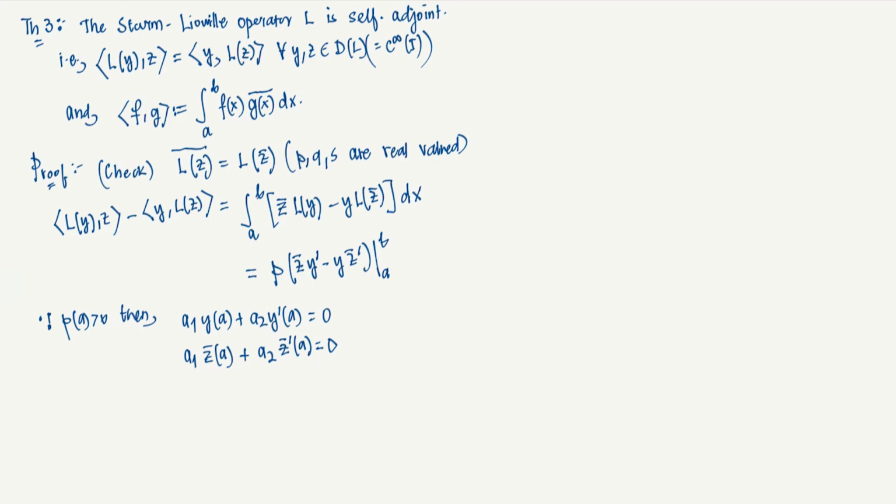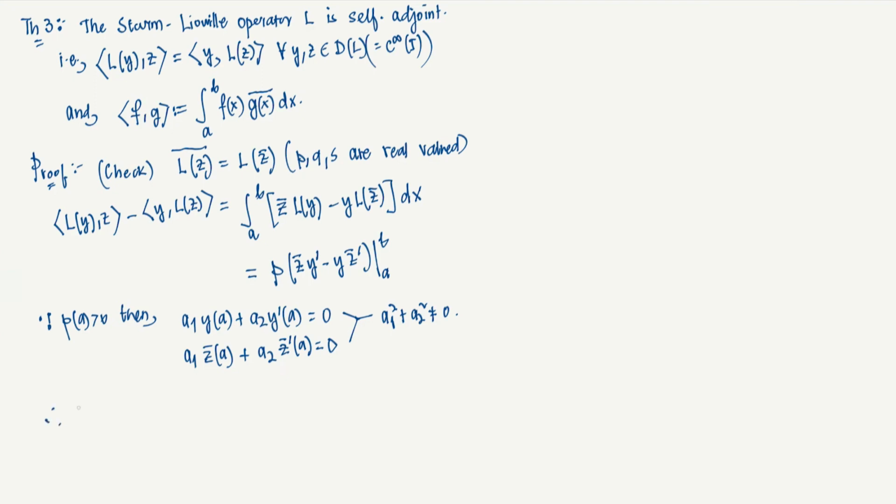Now, these two equations form a system of equations, and we have the condition A1 squared plus A2 squared is non-zero. That will give me that the coefficient matrix is going to be singular.